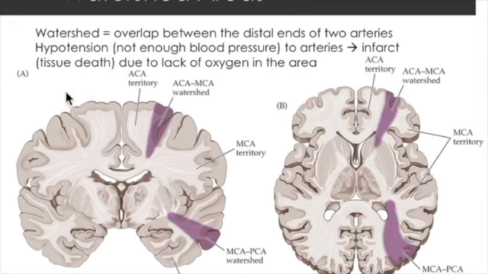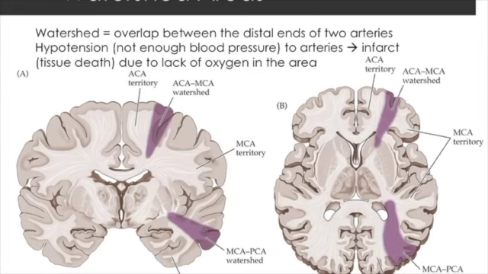These watershed areas are the overlap between the distal ends, or far ends, of two arteries. You can have the watershed area between the ACA and the MCA, and between the MCA and the PCA. What's important clinically is that in some cases you might not have enough blood pressure, or have hypotension, towards these arteries, and that puts these watershed areas in a danger zone for infarcts, or tissue death due to the lack of oxygen in the area.